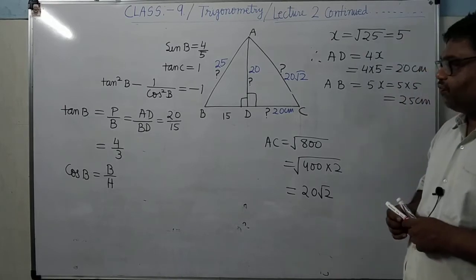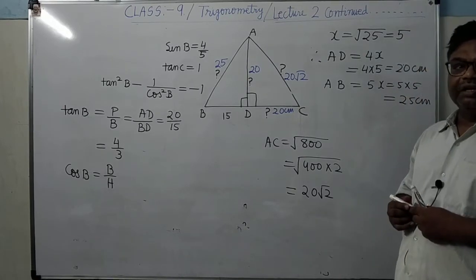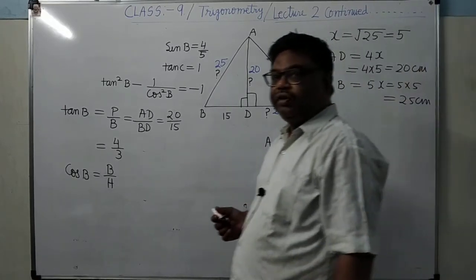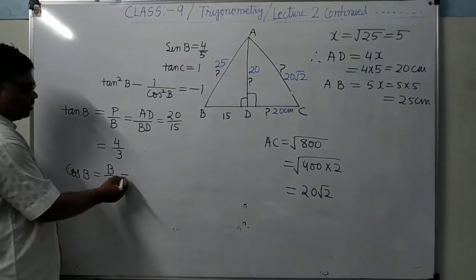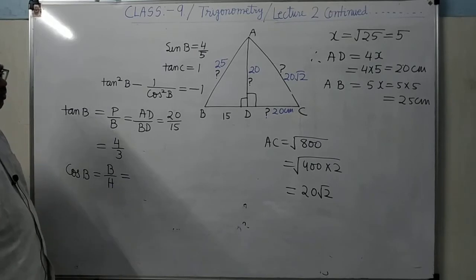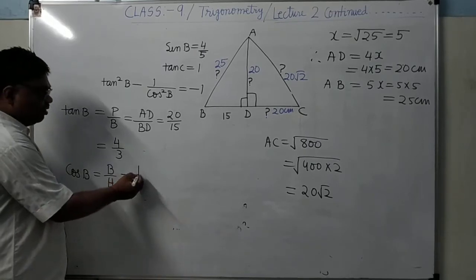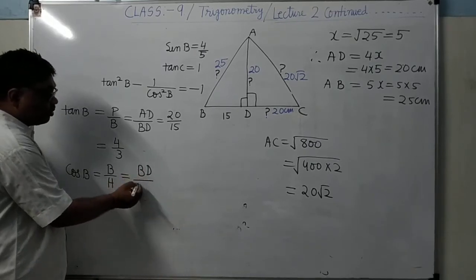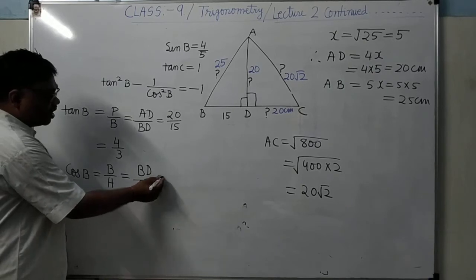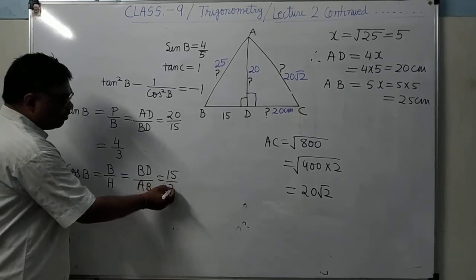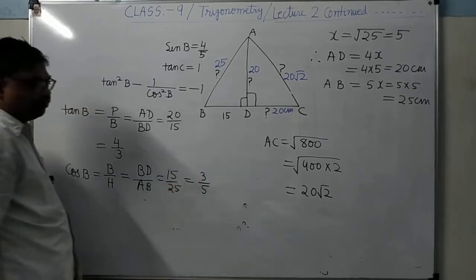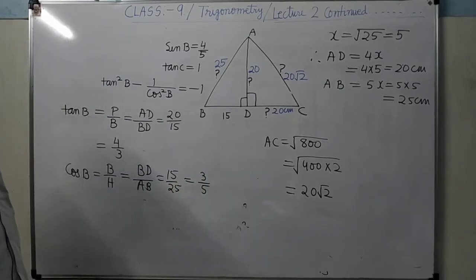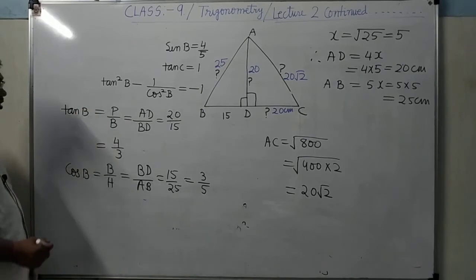So here you will find out the cos B. What will be the value of cos B? Base upon hypotenuse. What is base? Base is given, BD. What is hypotenuse? AB. That is 15 upon 25, that is equal to 3 upon 5. 3 upon 5.